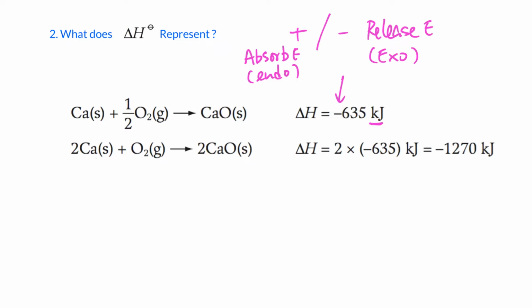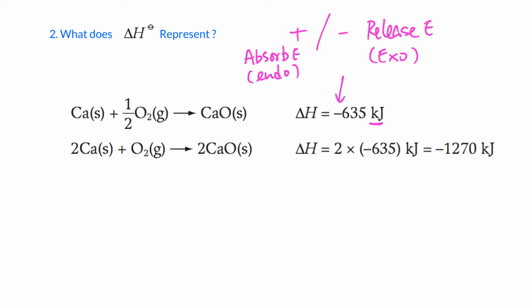Kilojoule is the unit of the energy given out. So here it is stated negative 635 kilojoule, that means in this process, when 1 mole of calcium combines with half mole of O2 to give CaO, they give out 635 kilojoule.